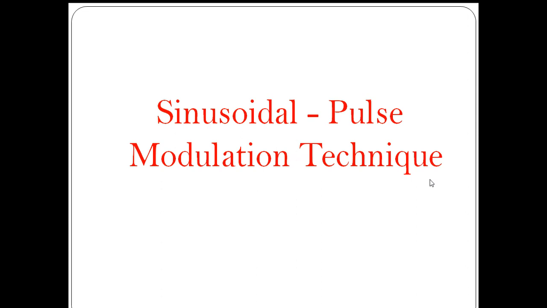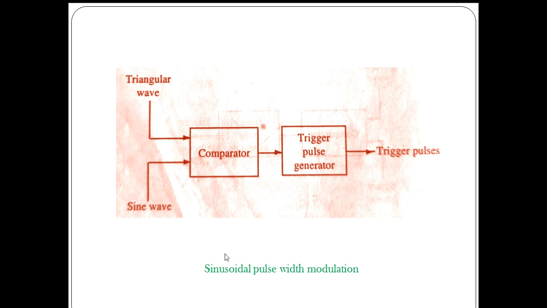Okay, so we are going to see. In this, instead of the square wave, we are using a sinusoidal waveform as the reference wave. The difference between these two techniques is that the square wave of the multipulse modulation technique is replaced with the sinusoidal wave, and we are comparing the reference sine wave with the carrier triangular wave in a comparator.